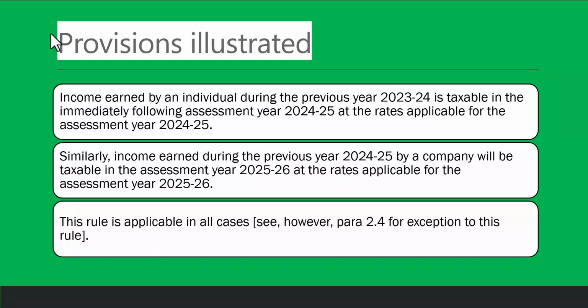Just hold on. Yes, what were you saying, Kishore? Sir, the rates for 24-25 will be as per the Finance Act of the budget which was passed just recently, which was not a full budget; the full budget will come up after the elections.